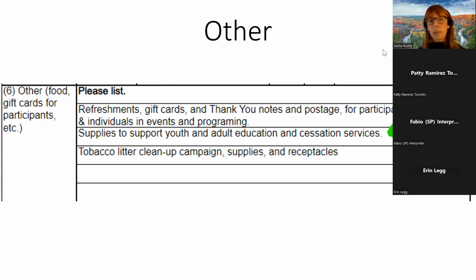The last example on this slide is tobacco litter cleanup campaign, supplies and receptacles. So again, we see supplies listed on here twice without many details. We need those details. Additionally, when I did go back to this organization's work plan specifically, nothing at all was mentioned about this campaign.